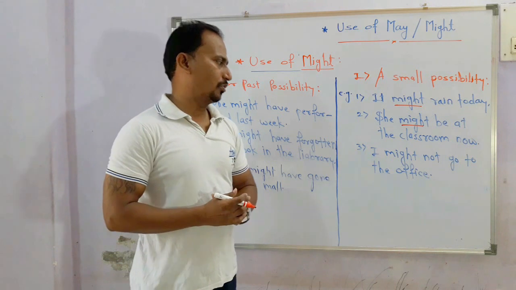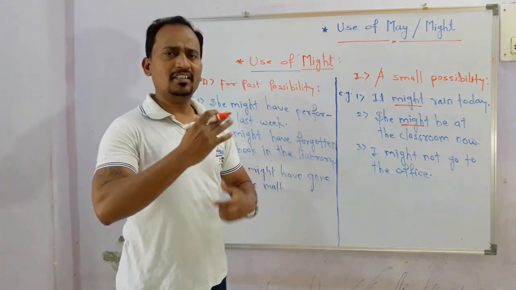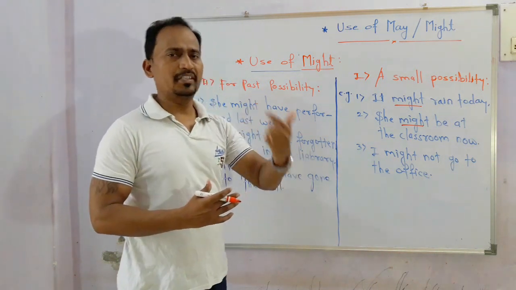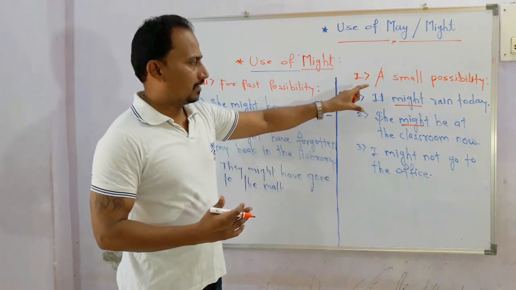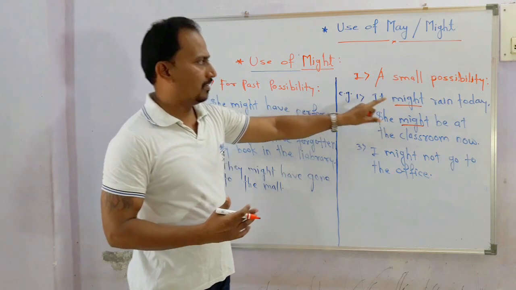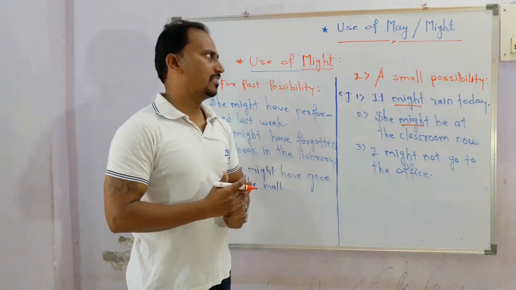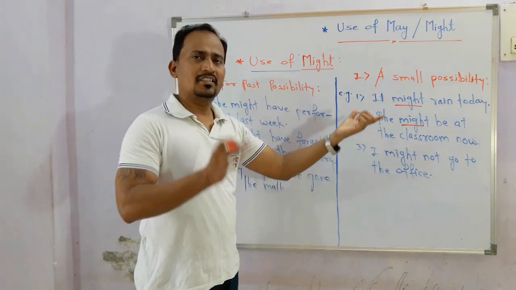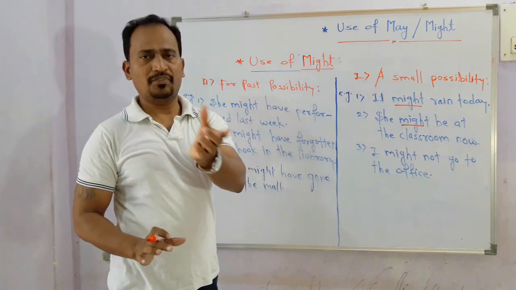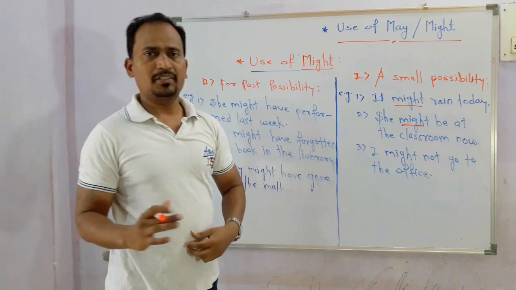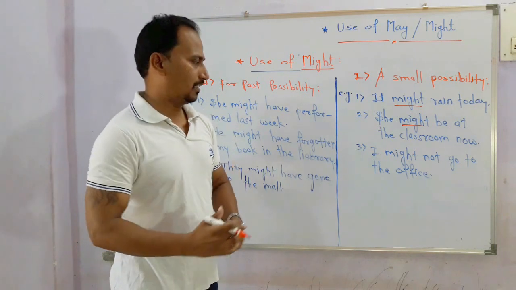I might not go to the office today. That means there is a less possibility of going to the office. So now you have better understood, might is used to indicate small possibility and may is used for a high, strong possibility. Okay?